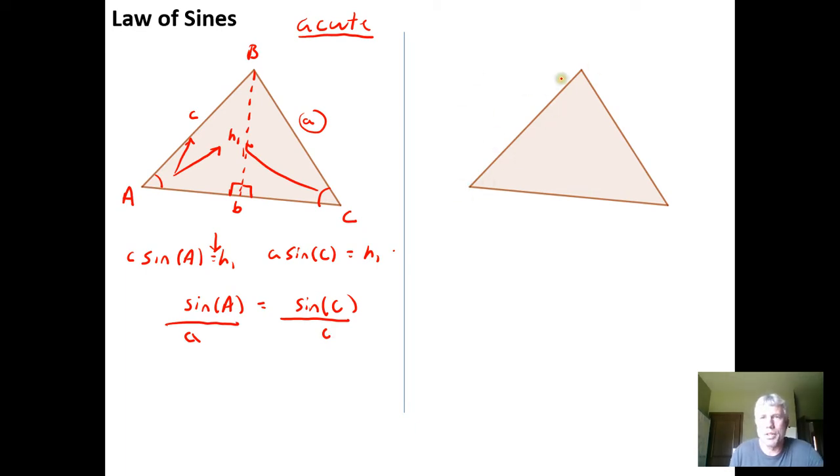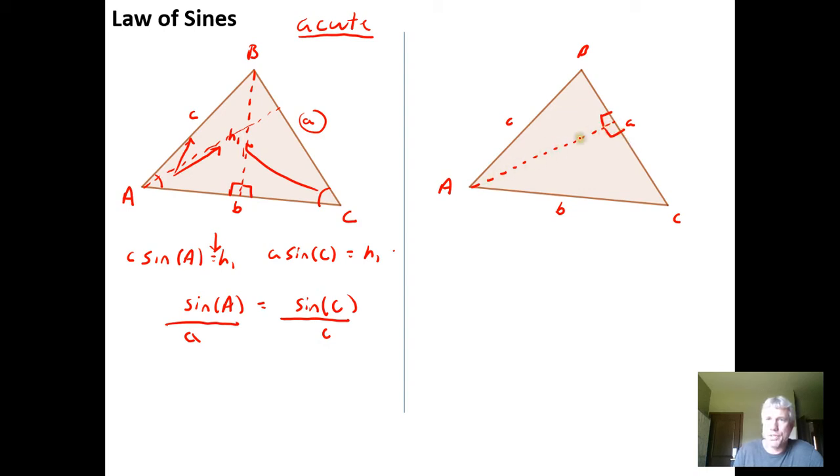Now we go to the triangle again, and we drop a perpendicular from either of the other two angles over to the other side. So we'll get a clean picture here. A, B, C. This is B, C, A. Grab either of the other two angles and drop a perpendicular from that angle to the side opposite, so that we have two right triangles again.